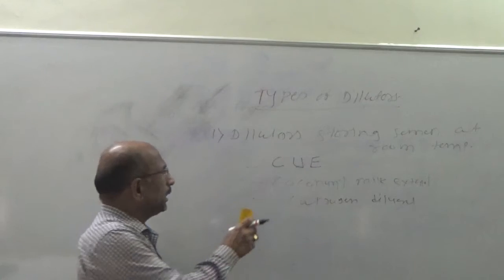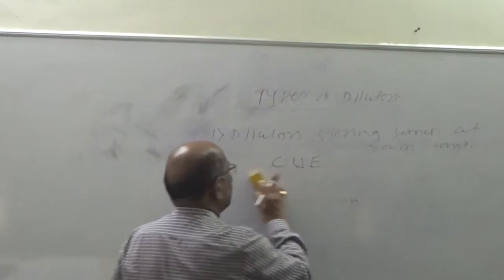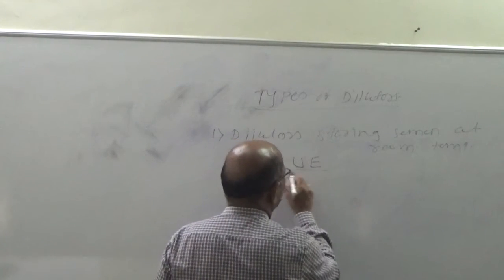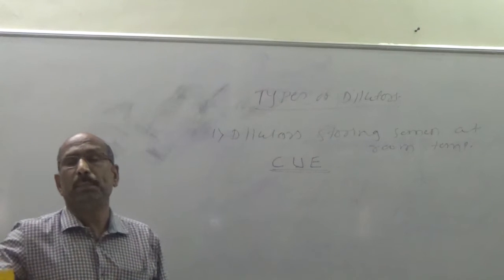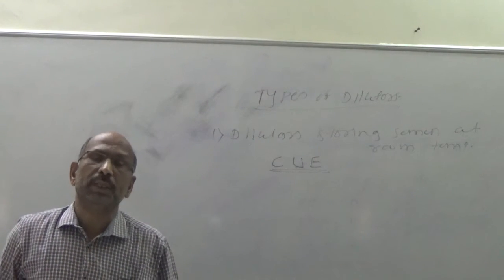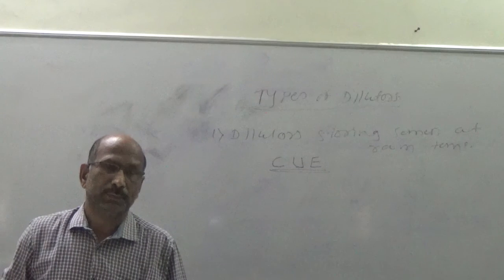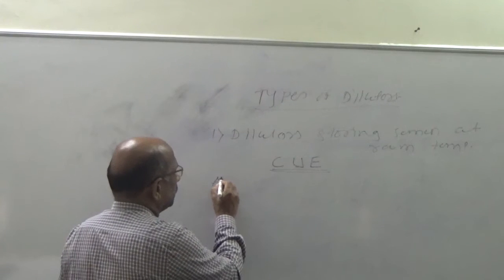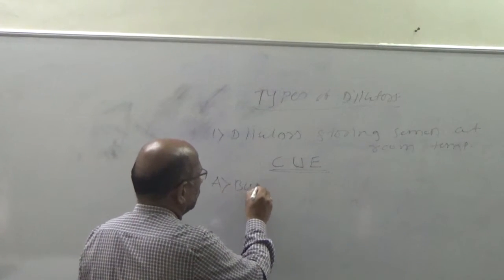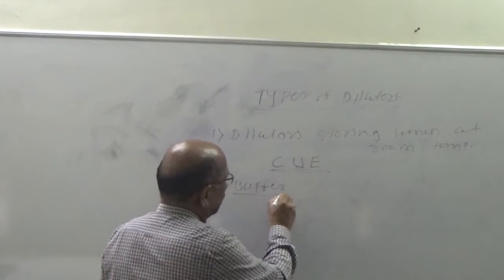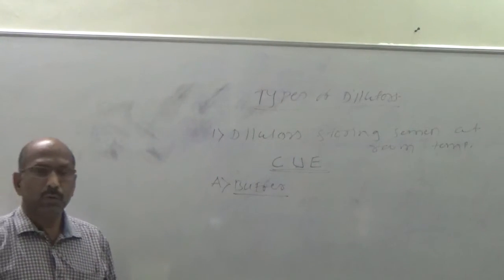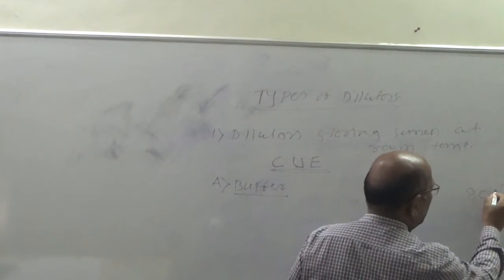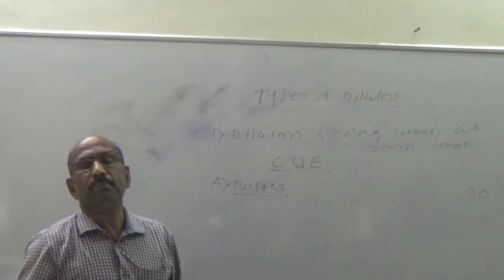What is the composition of the Cornell University Extender? This diluent should be prepared by mixing different agents. First is the buffer. 80% buffer is used.